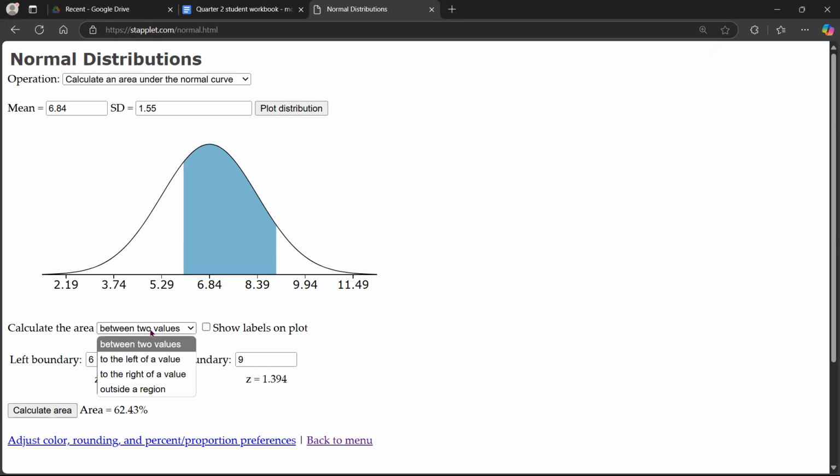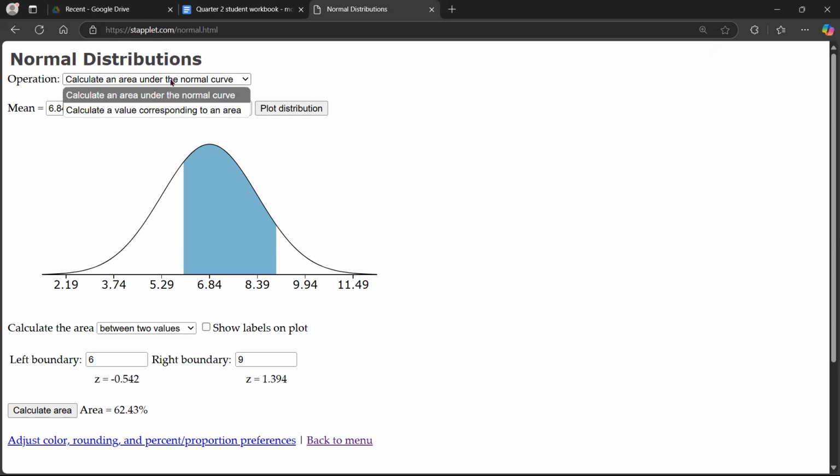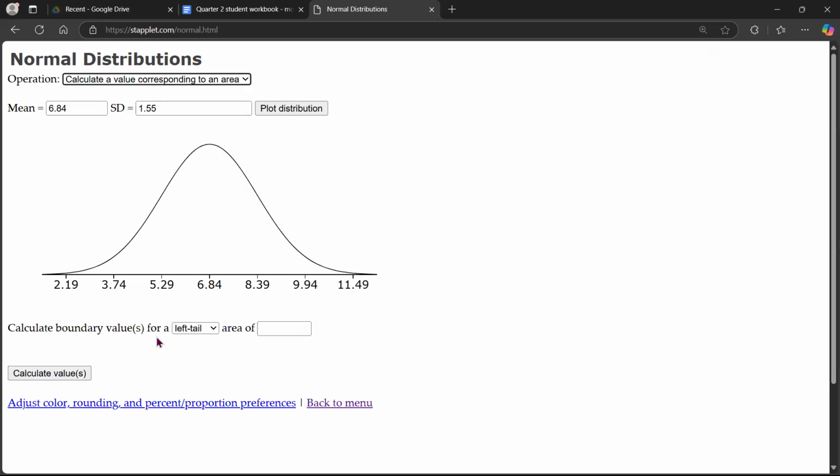And then we want to estimate, given the area, a value corresponding to an area. That area was the 90th percentile, so left tail. And looks like that gives you a value of about 8.826.